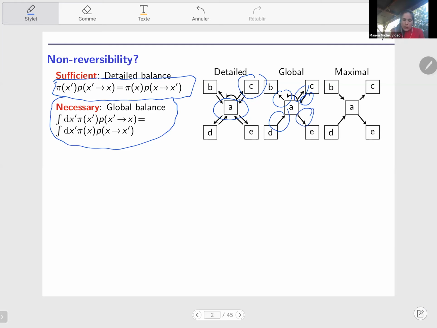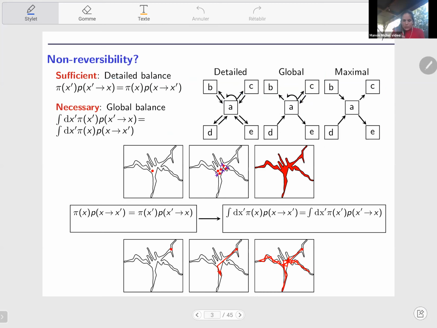And so the question is why people have been doing detailed balance when actually the efficient thing to do would be to do maximal balance. By that I mean that you only have the bare minimum flows to have balance. And actually it's because it has been quite easy to devise schemes that follow this detailed balance condition and this symmetry condition.